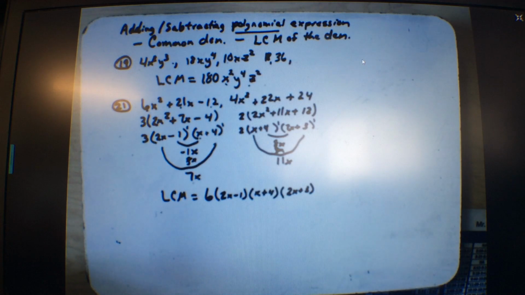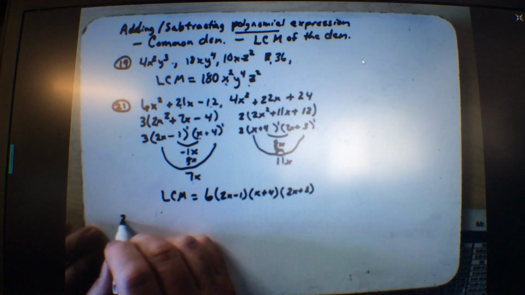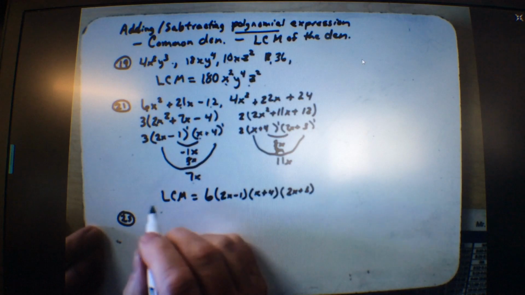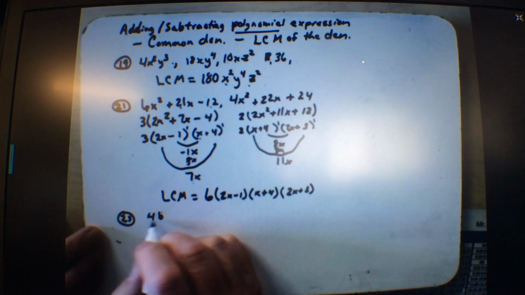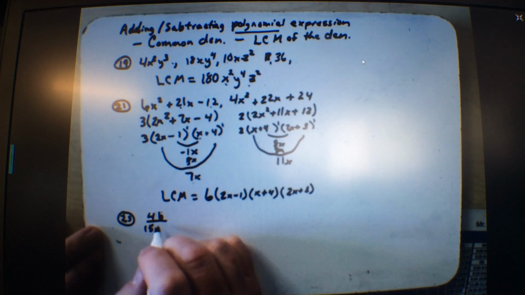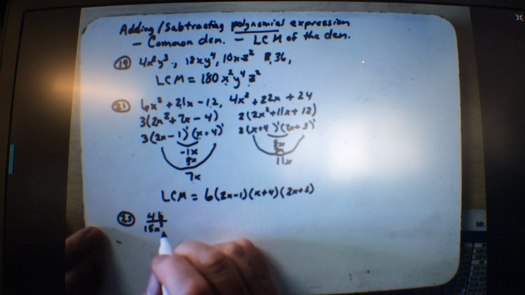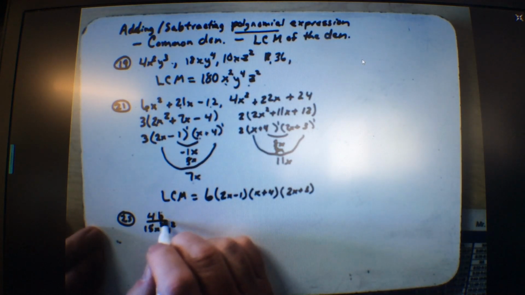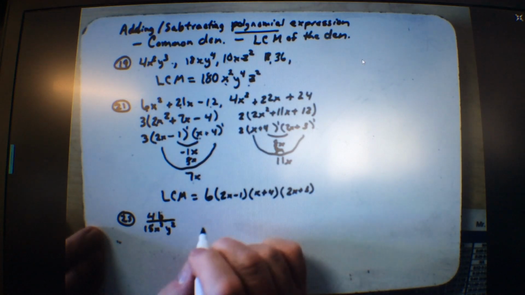Okay. All right, so now if we're going to add or subtract, you might have something like this. This is number 23. You have 4b over 15x to the third power, y squared. Sorry, writing 3s and 2s is tough.